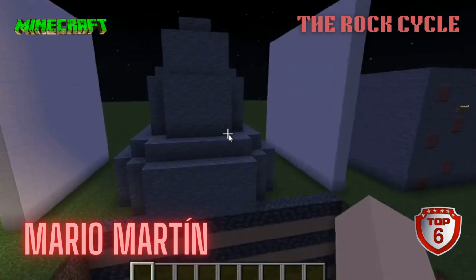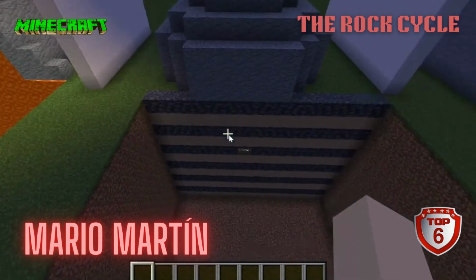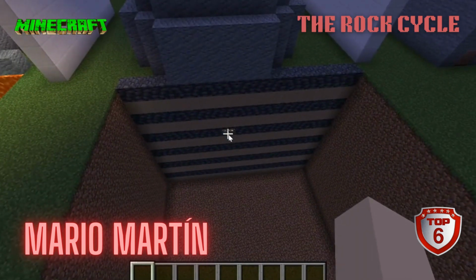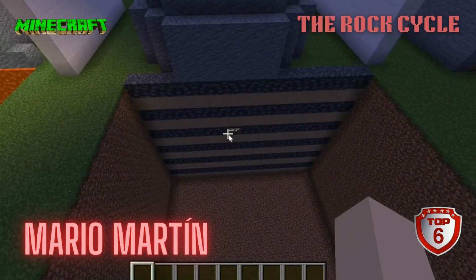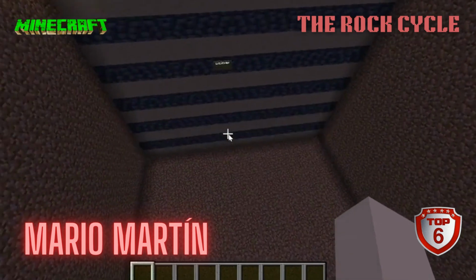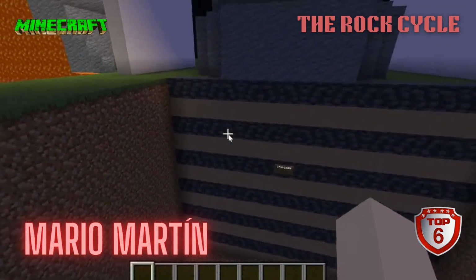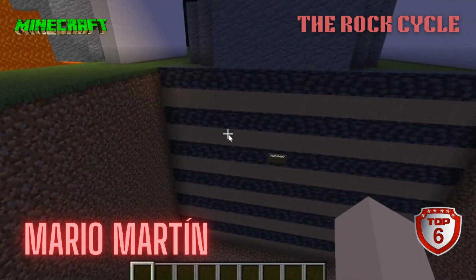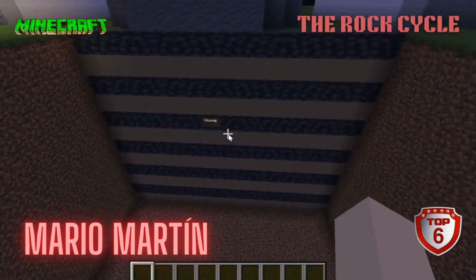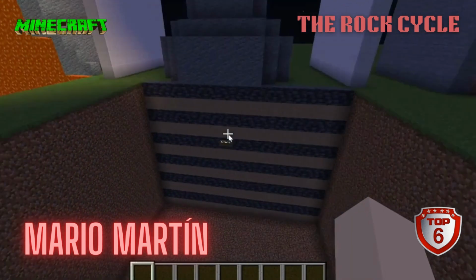They form when other rocks are subjected to extreme heat and high pressure, very deep underground. Some metamorphic rocks are formed in parallel sheets or layers. This is called foliation. Examples of metamorphic rocks are slate, schist, and gneiss.